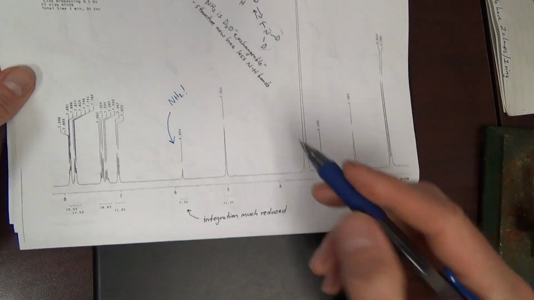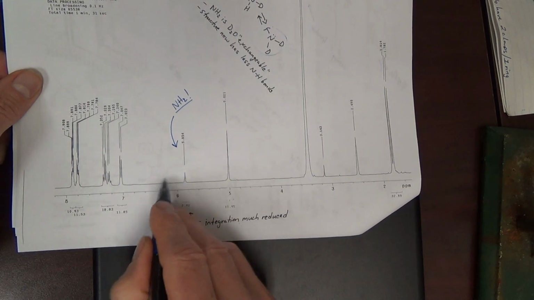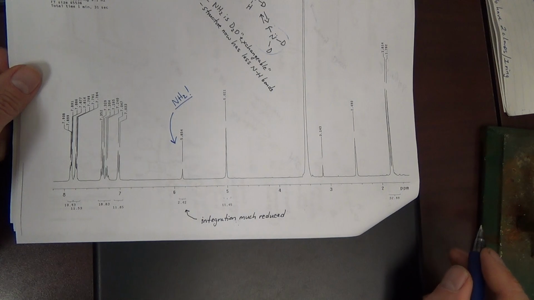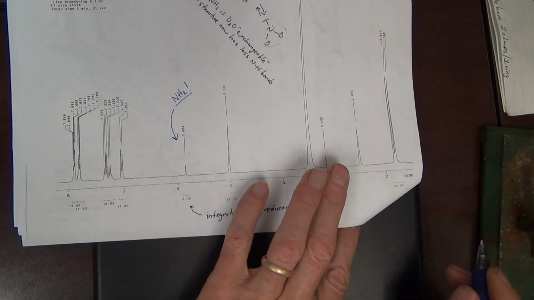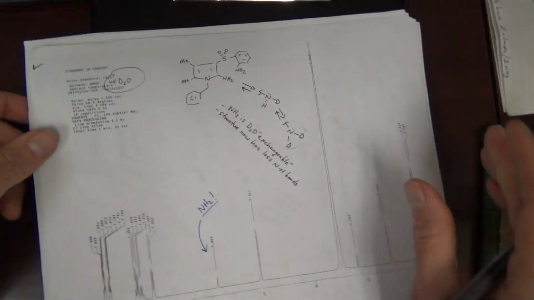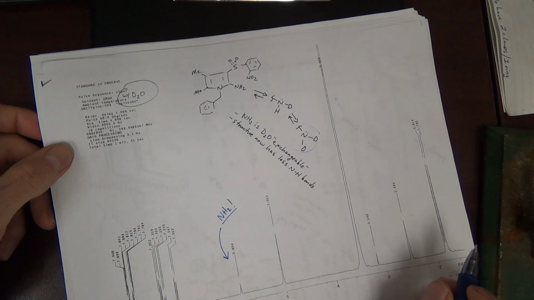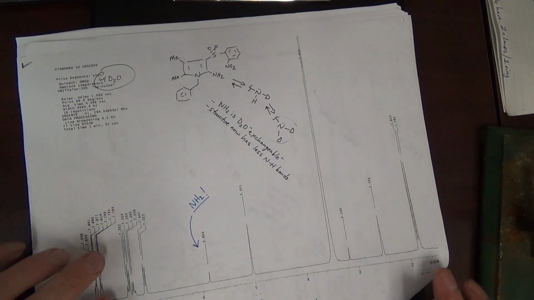So the D2O shake helped us determine that the more downfield signal here in this case is the NH2. Or at least that's pretty good evidence. All right? Now in my example we did it with an NH2. You can also do this with OHs. Okay.